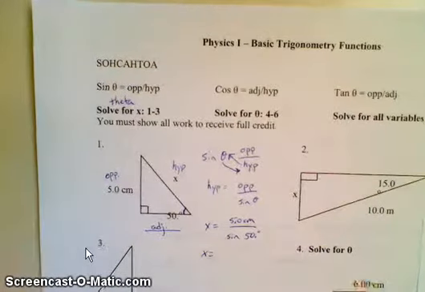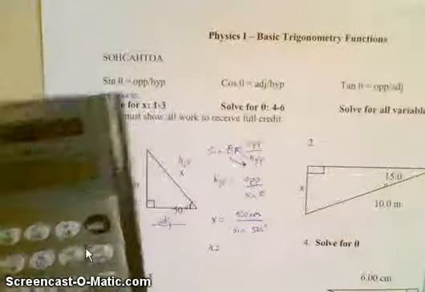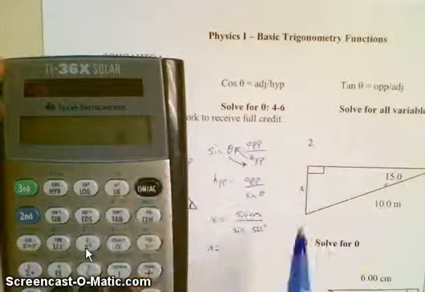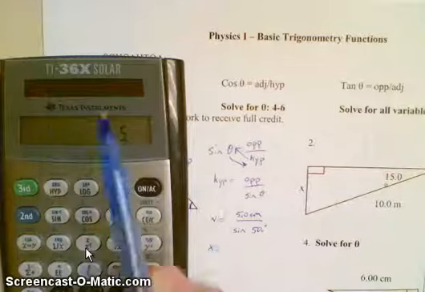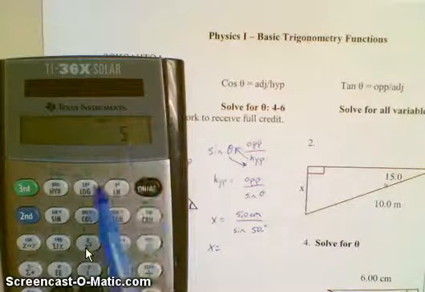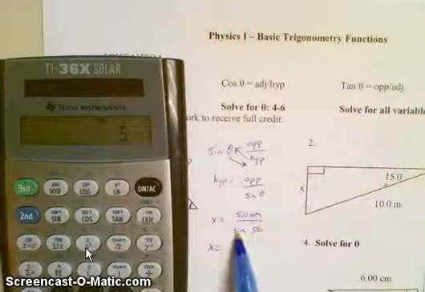Solve for x. Get out your calculators and go ahead and put that in. I'm going to put in 5 divided by, and this calculator does not have a display that I can see across the top. It just puts it in right here. So I have to input this a little differently on this calculator. I have to put in the 50 first and then hit the sine key.